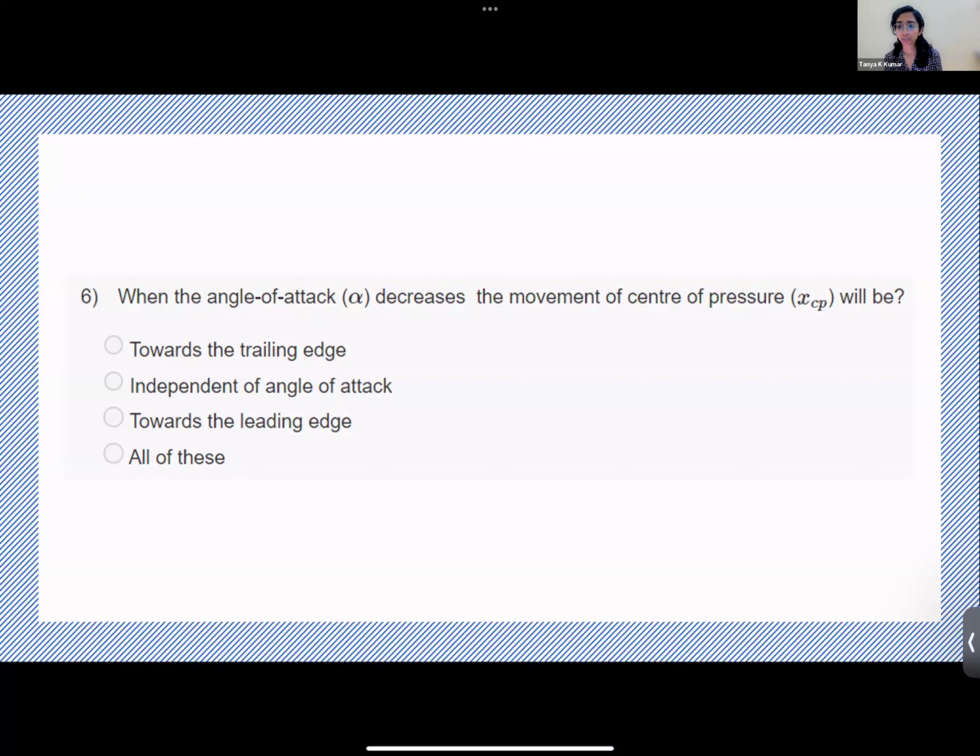Why did you say it's towards the trailing edge, Prajwal? Maybe due to pressure distribution. Okay, can you explain it further? Like, how does the pressure distribution change? And Harish has said C. Can you explain your answer?